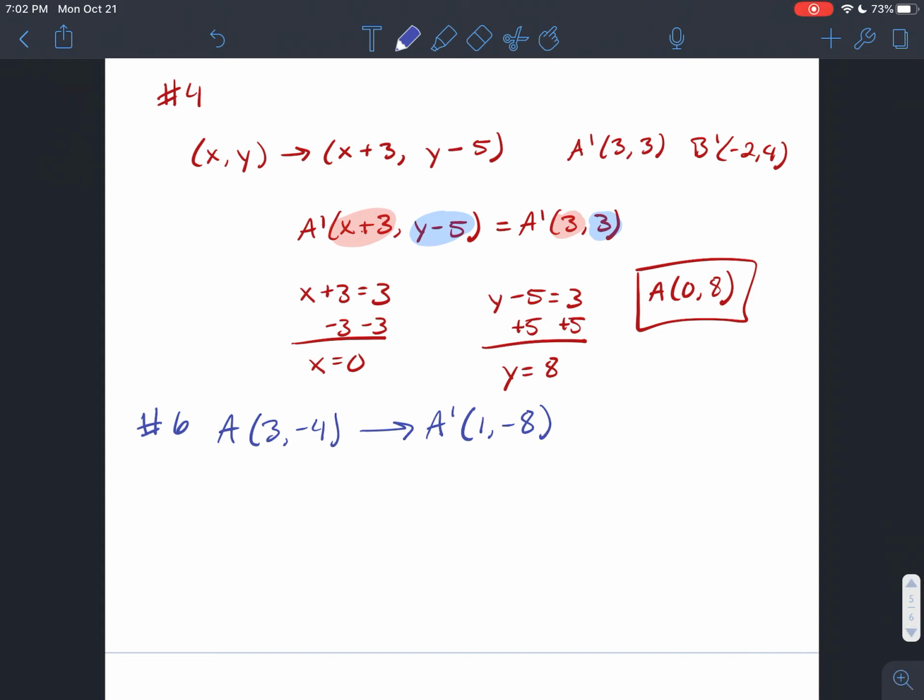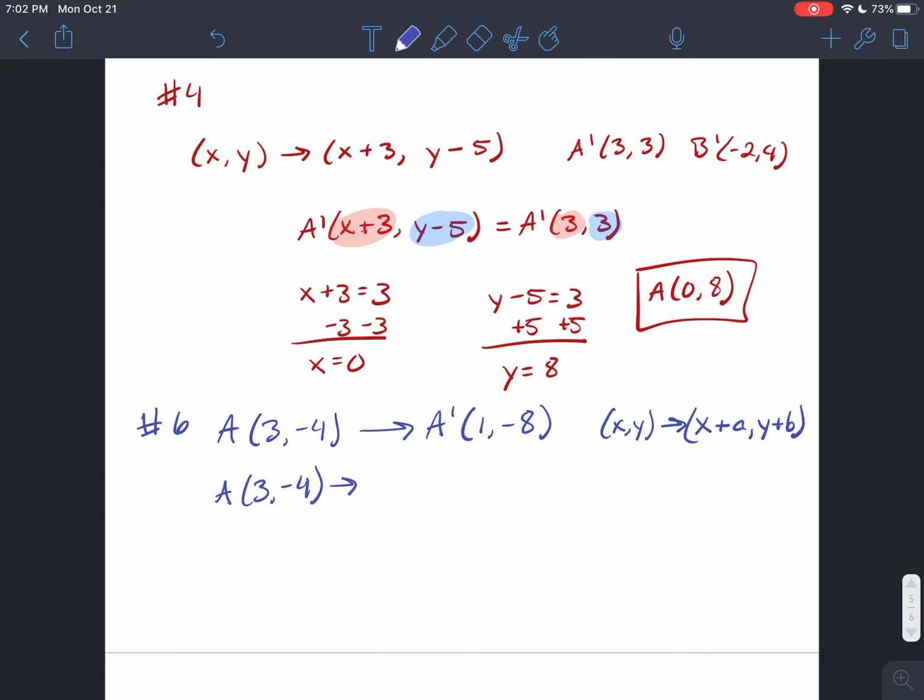Okay, so remember our rule is xy maps to x plus a, y plus b. Well, here we're trying to find the a and the b. Okay, so A is our xy. That's our 3, negative 4.